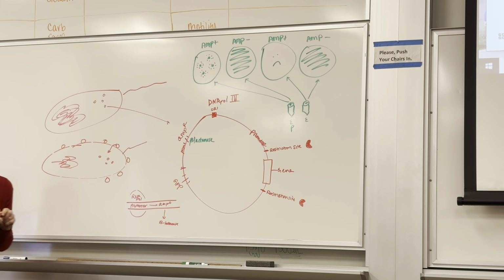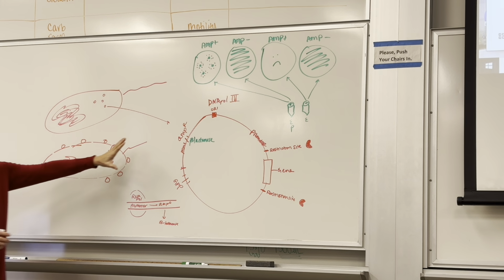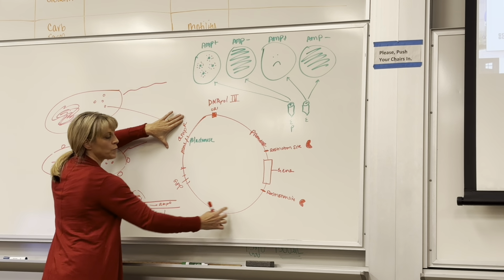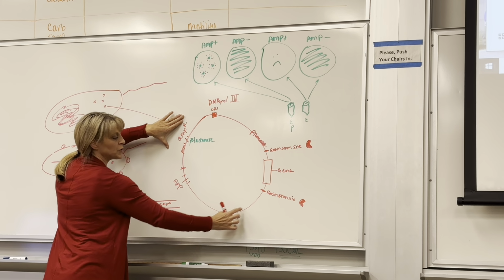Are you guys with me? I know 1/3 of you guys are totally confused. Here's a piece, here's a gene, here's a chromosome. It's a tiny chromosome, it's all DNA.